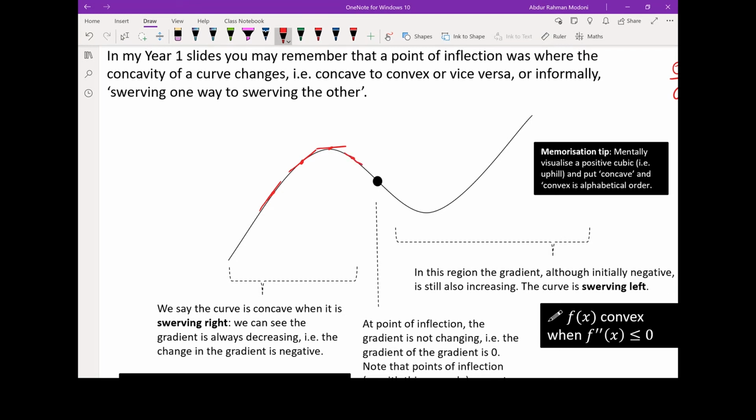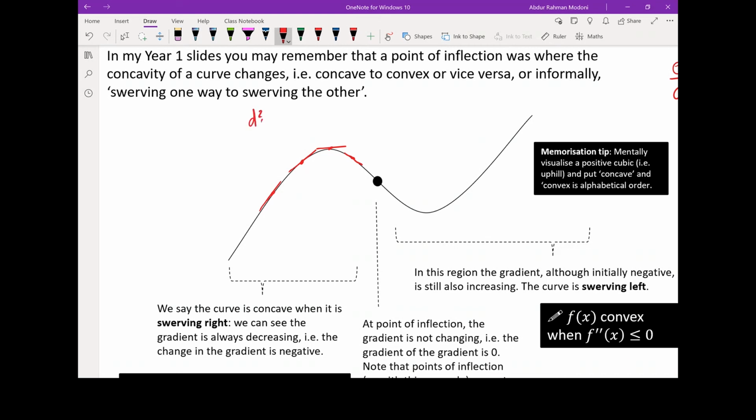What's happening to them? It's changing, but how is it changing? Is the gradient increasing or decreasing? It's decreasing, as we can see from the slope of the tangents. It's going from positive towards 0 towards becoming negative. So it's becoming more and more negative. It's reducing.